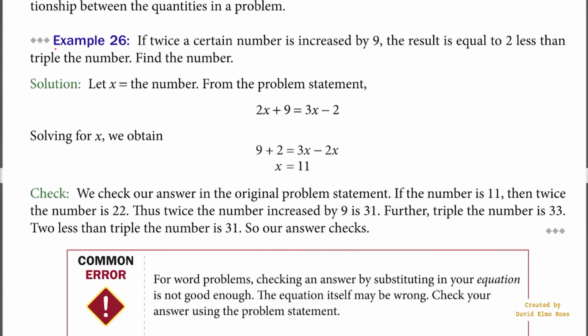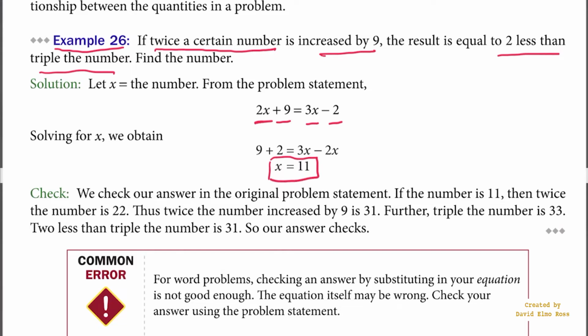Now the hardest part, as I said, is to turn what's in the problem into proper relationships using variables. So let's take a look at example 26 here. It says if twice a certain number, we let the certain number be x, and we say twice a certain number, is increased by 9, that's plus 9. And the result is equal to 2 less than triple the number. There's triple a number and 2 less. Now let's put the value back in just as we were talking about before.